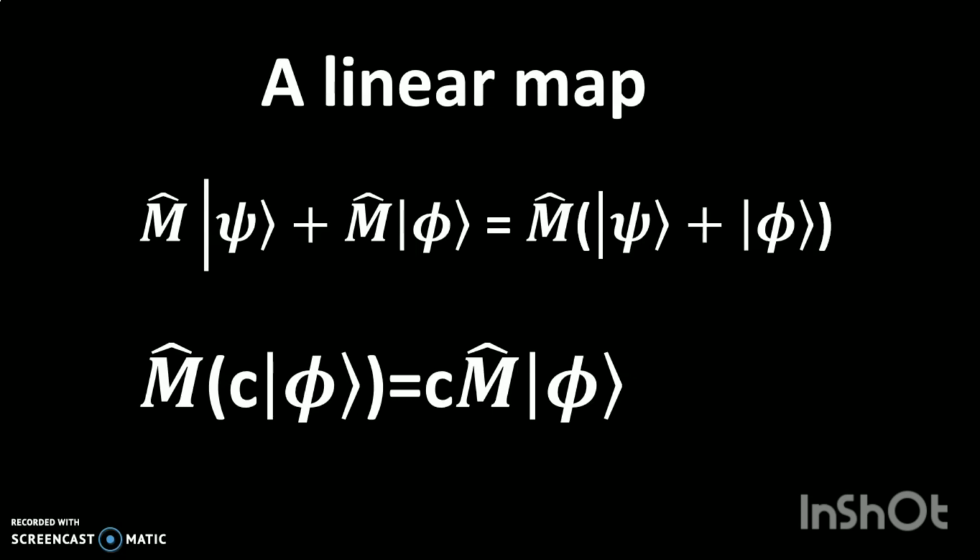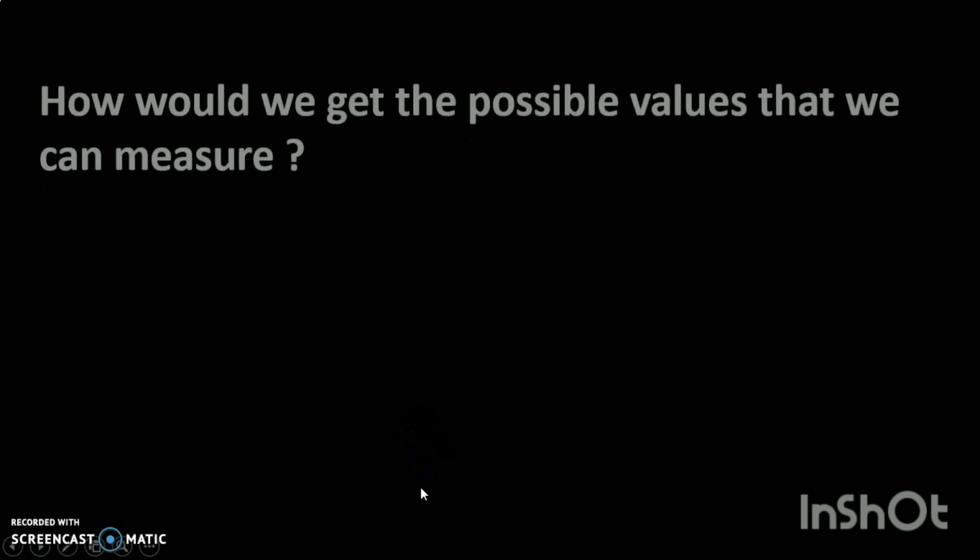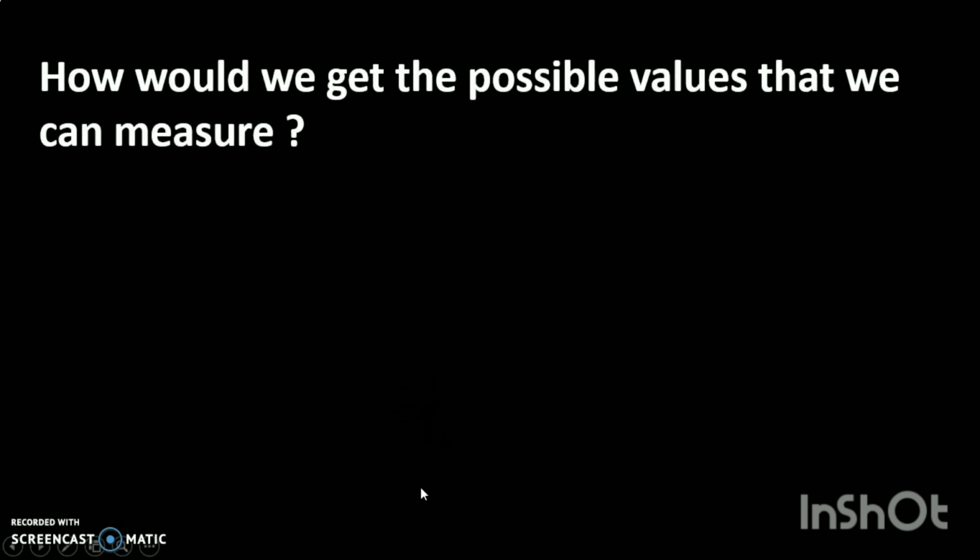Moving back into quantum mechanics, we established that we suspect physical observables are represented by some linear operator in our space of kets. Given observable operators, how would we get the possible values that we can measure?